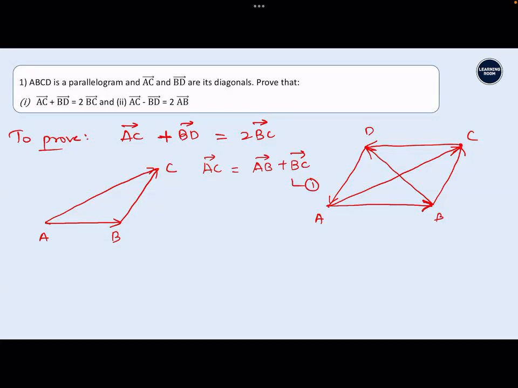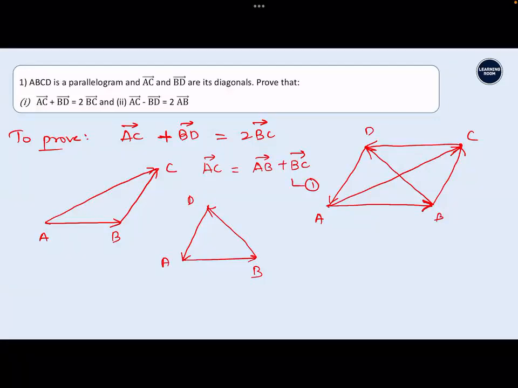In a similar way, if this is DA vector, this is AB vector, and I have BD vector. If you see, all the three are in continuous path.